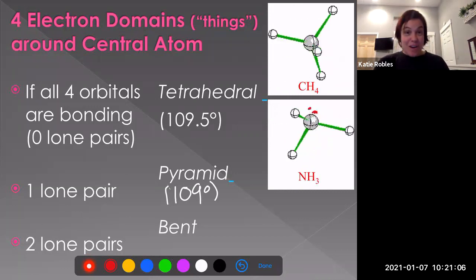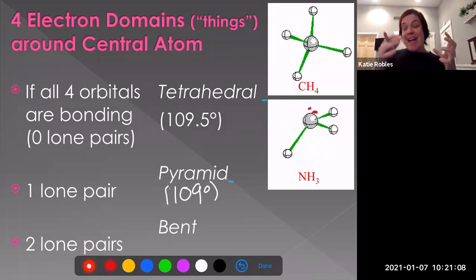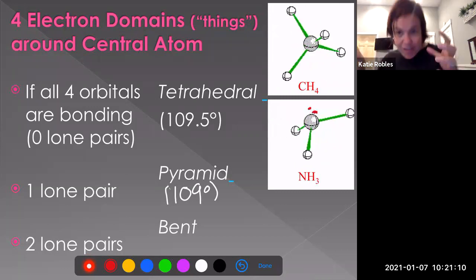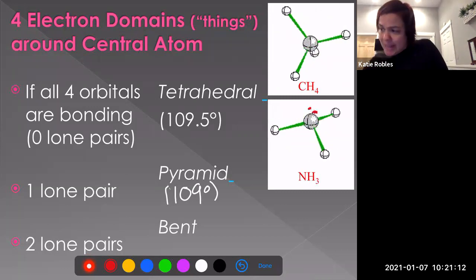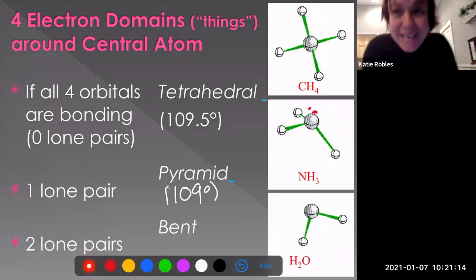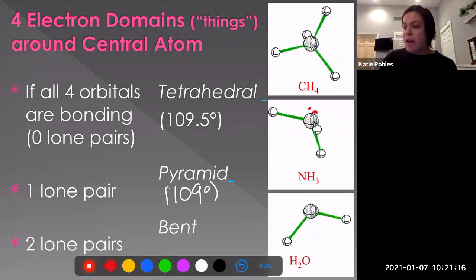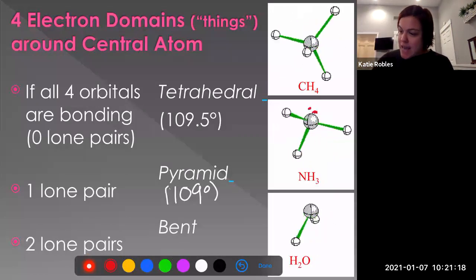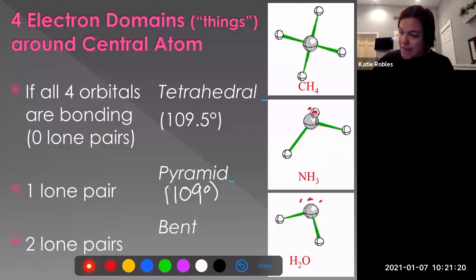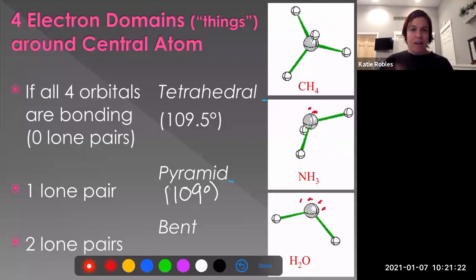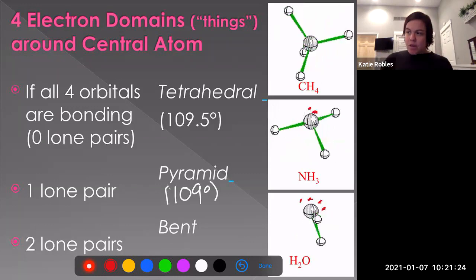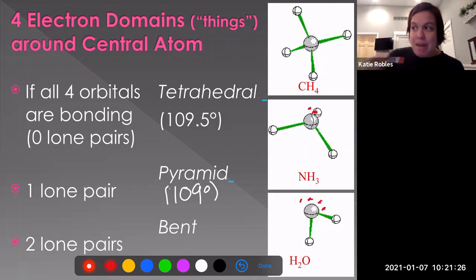All right, so now if I took that molecule and I took off another atom, I would get the last shape here, and it's called bent. Bent means you have 2 things bonded, and then you have 2 sets of lone pairs that are kind of pushing those down. So let's take a look at the molecules we have here.